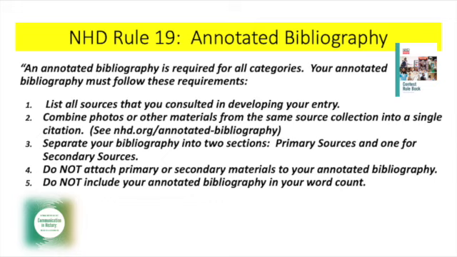One section on primary sources and the other section secondary sources. 4, do not attach primary or secondary materials to your annotated bibliography. And finally, do not include your annotated bibliography in your word count.